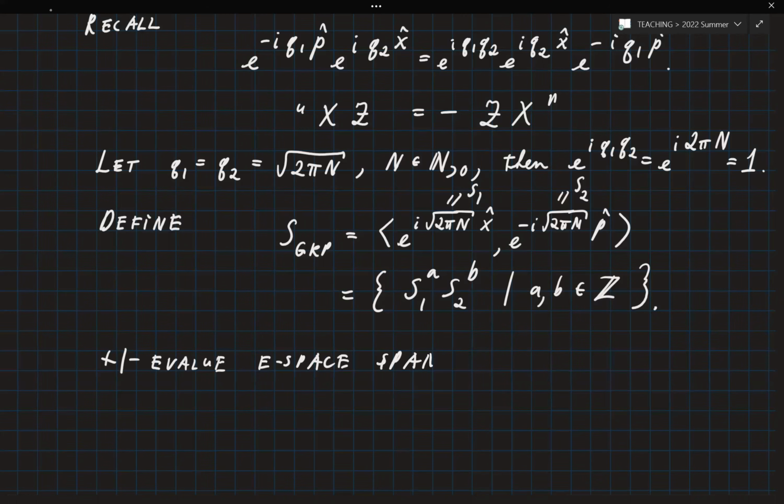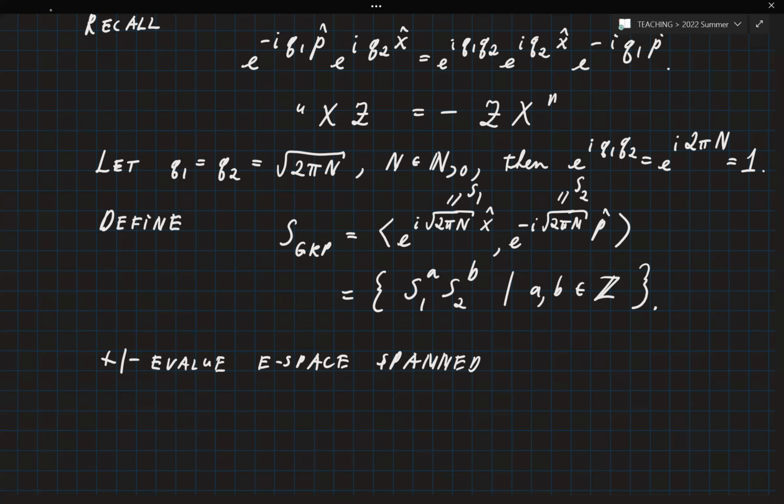If these states are invariant under the stabilizers, they're +1 eigenvalue eigenstates. And the stabilizers here are shifts by discrete multiples of square root of 2 pi n in both position and momentum. So let's look at our favorite position basis. We want a state that's constructed as a superposition of some position states, such that when you shift the positions all by some fixed multiple of something fixed, they go back upon themselves, because the state should be left invariant.